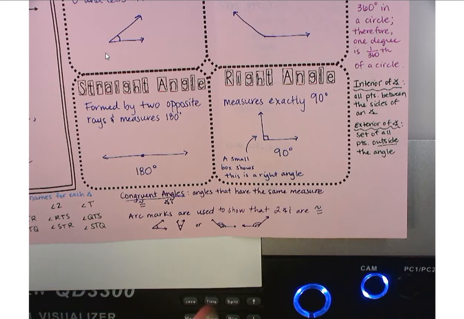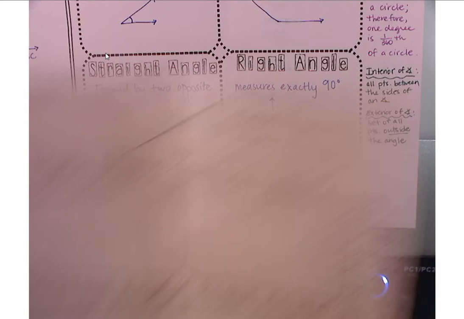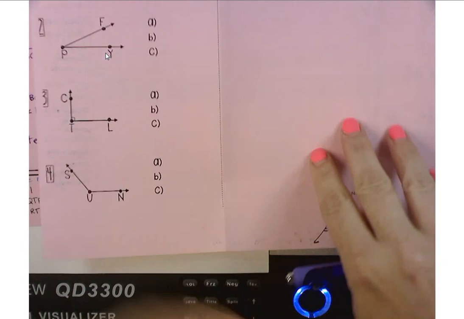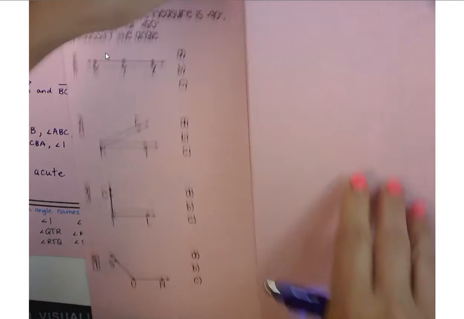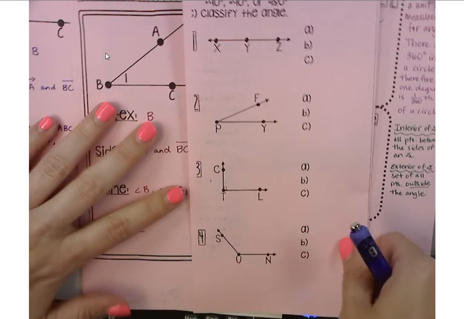All right, so then what we're going to do now that we've done that foldable is we are going to flip it over, and you'll see there's a dashed line here on the back. We're just going to fold at that dashed line. So then what we have here are our examples.